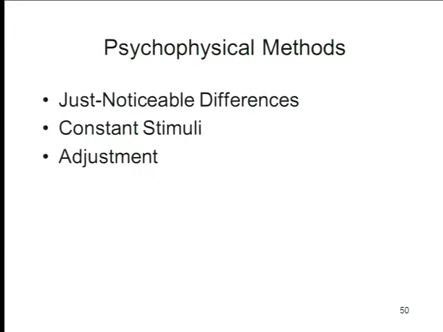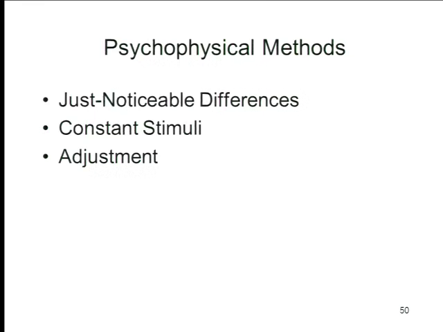How much stimulus energy is needed to give rise to a conscious experience? And so they developed a technique like the just noticeable difference. They present a very, very dim light to a subject and then increase its intensity very slowly and gradually until the subject says, I can see the light. Then they turn down the intensity very slowly and gradually until the subject says, I don't see the light anymore.